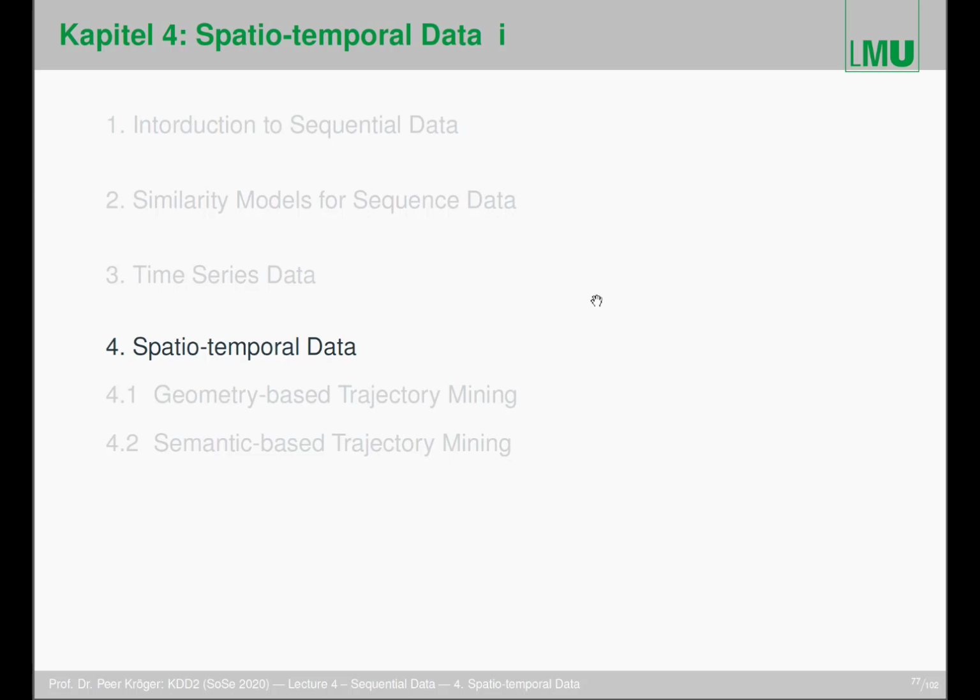So just to recap, we had time series this week, talking about different similarity models, whole matching, subsequence matching, and then we talked about similarity measures like Euclidean distance, Minkowski, and of course dynamic time warping, which is very often employed.